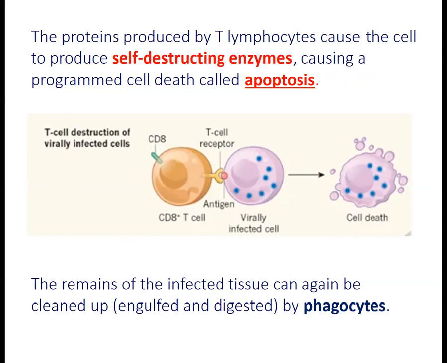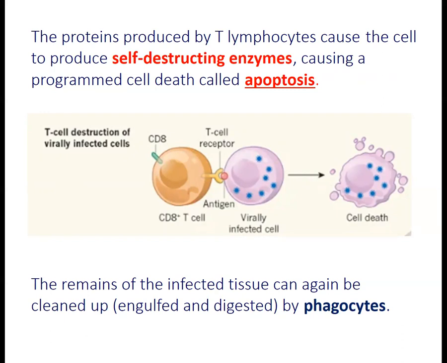And basically the cell almost digests itself. It breaks itself down and destroys itself through the use of these self-destructive enzymes. That process of the cell destroying itself is called apoptosis. But it's stimulated by the release of the proteins from the T lymphocyte.